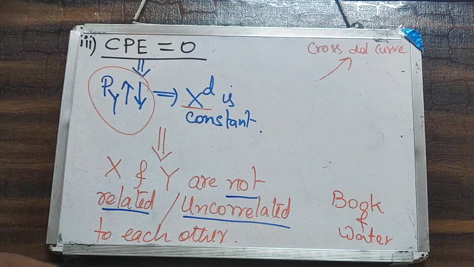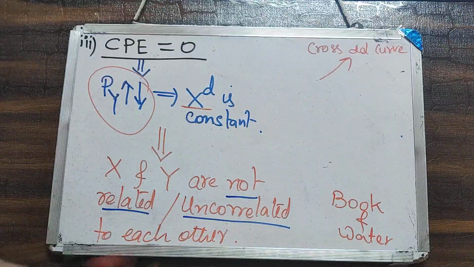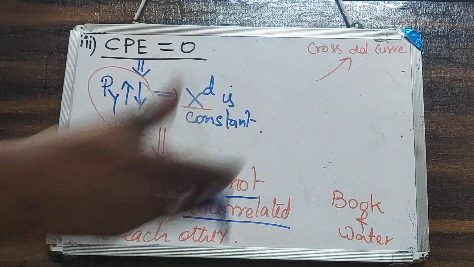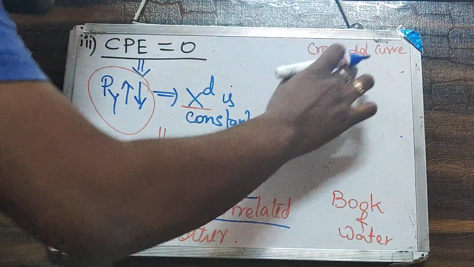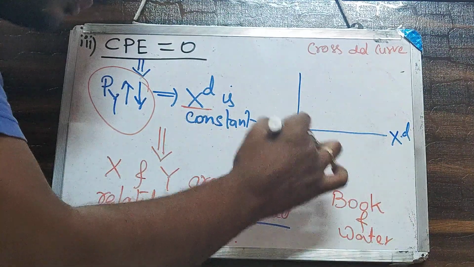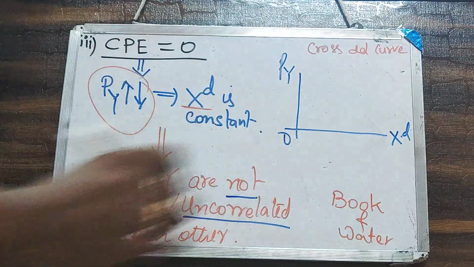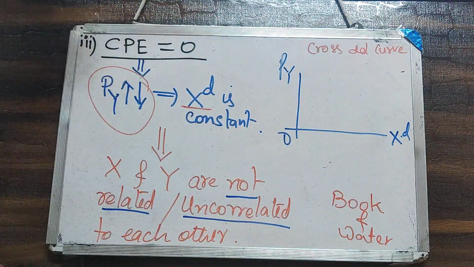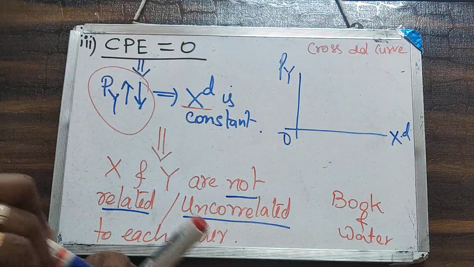Now, what will be the shape of the cross demand curve in this case? Again, we are measuring Py along the vertical axis and Xd along the horizontal axis.